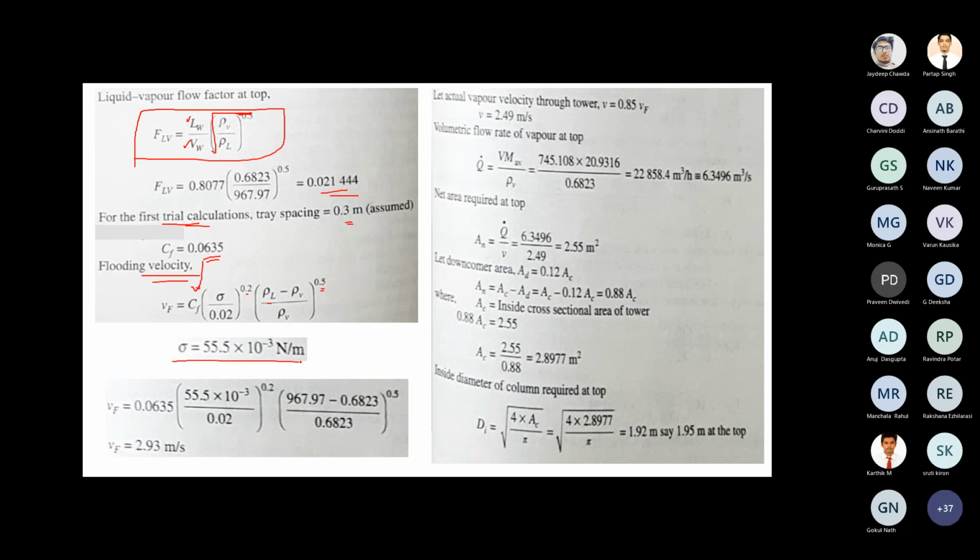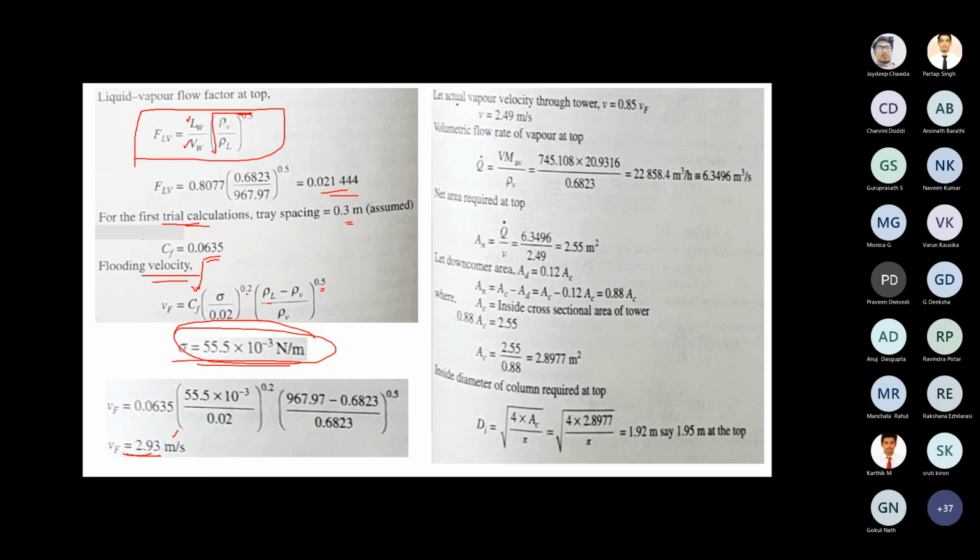Sigma, the surface tension of the system, you have to find out, that is 55.55 into 10 power minus 3 Newton per meter. So calculate the flooding velocity. Flooding velocity will be 2.93 meters per second.